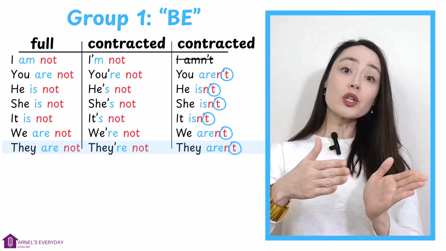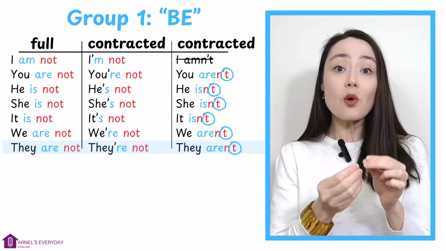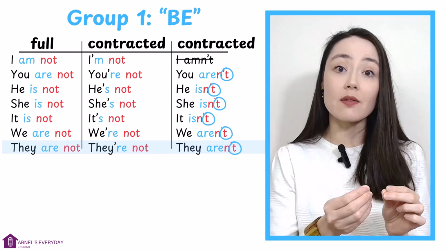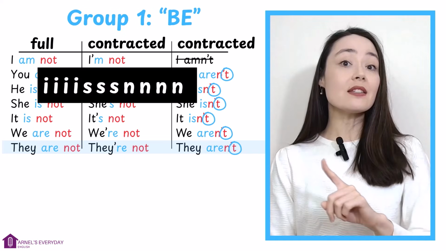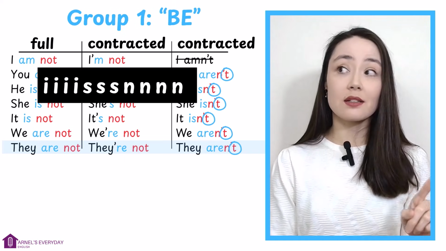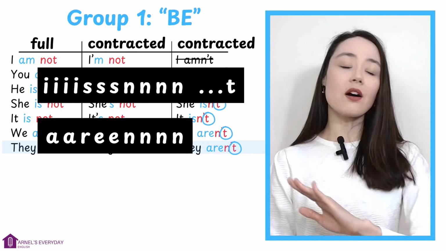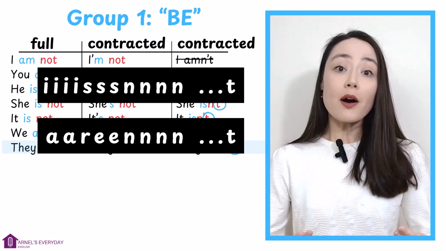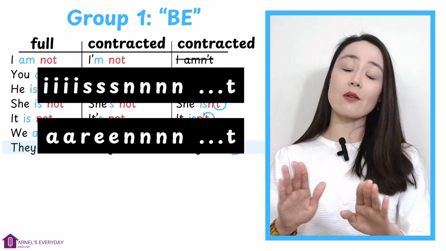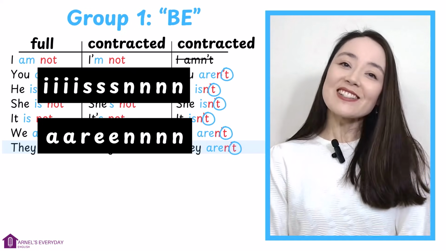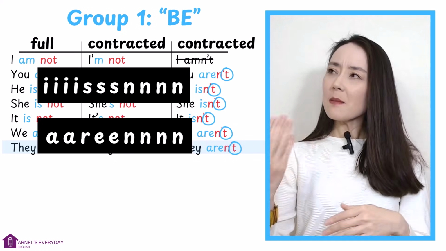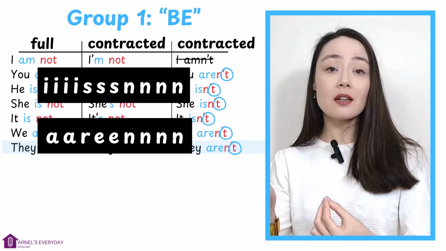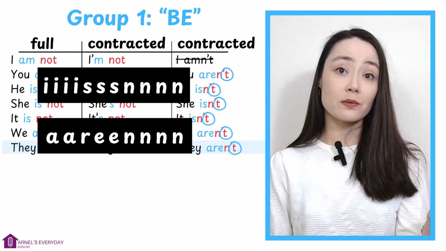Say the words really slowly and stop before the T sound. Stop yourself. Isn't. Aren't. You can see it's possible to pronounce these contractions without the T at the end. So in today's lesson, sometimes I'll stress the T, sometimes I won't.